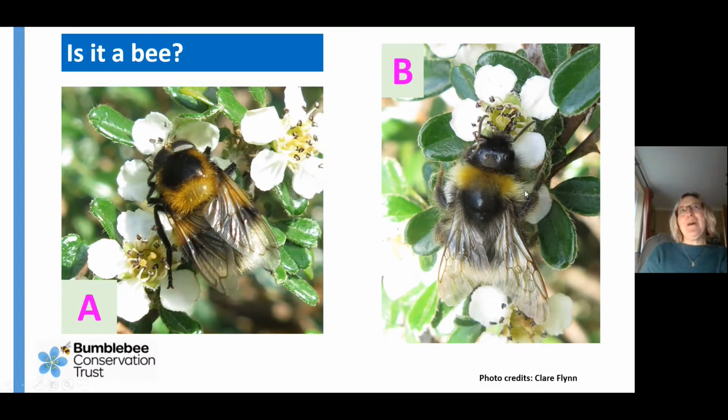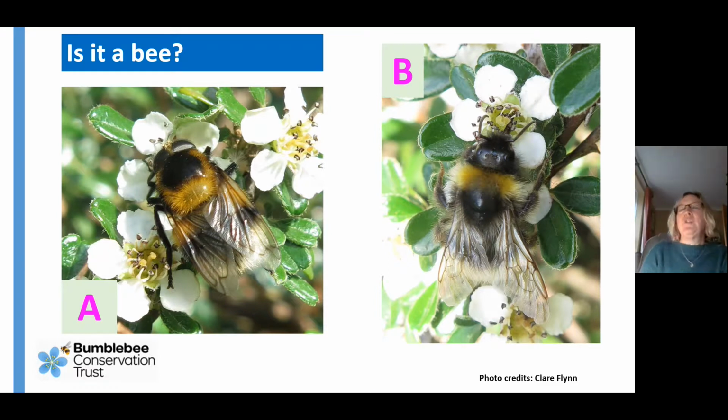Okay, so when we start to identify bumblebees, we do use the vocabulary of head, thorax and abdomen to talk about the colour banding and the patterns that we see on the bumblebee. But there are insects out there that look incredibly similar and have the same body parts and actually have evolved to mimic bumblebees.